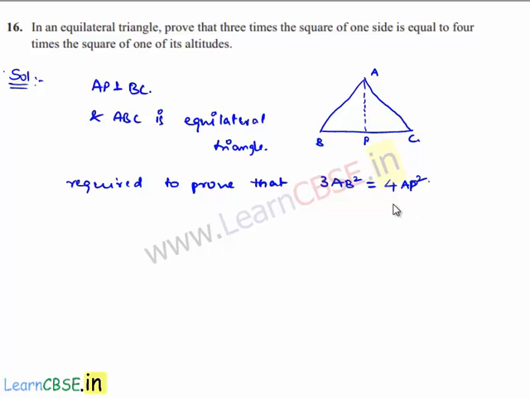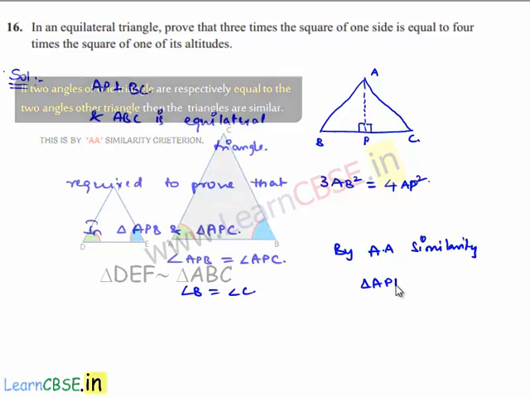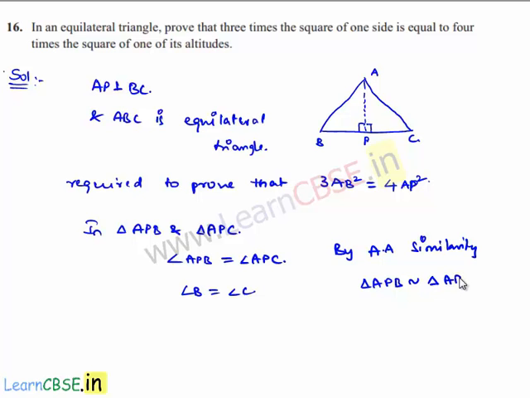In order to prove this, let us consider triangle APB and triangle APC. In these two triangles, angle APB is equal to angle APC, and also angle B is equal to angle C. Therefore, by AA similarity, we can say that triangle APB is similar to triangle APC.